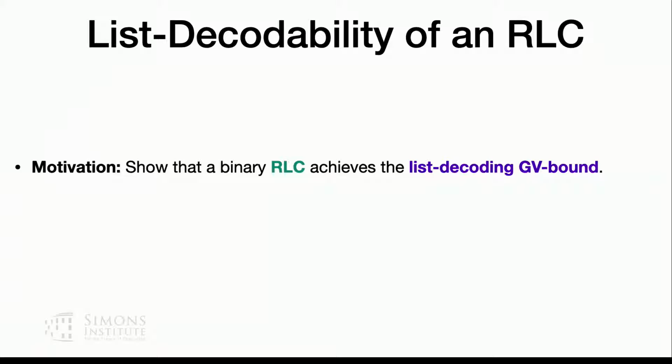We're just getting to this problem for the first time. And we want to show that a binary random linear code achieves the list decoding GV bound. Again, we don't need to know what the list decoding GV bound is. You just want to know that you want to show that it's list decodable with some good parameters.